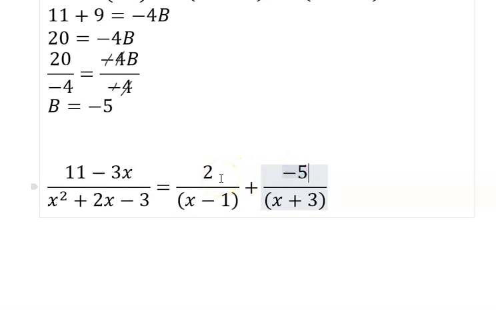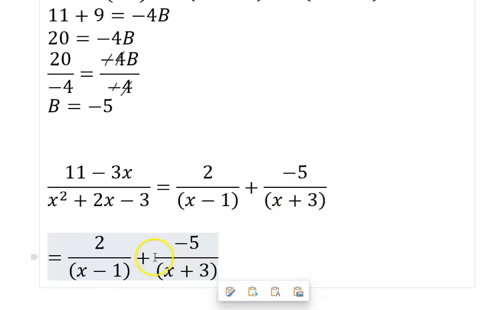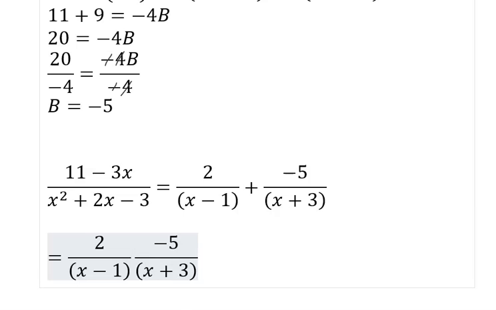So we've been able to resolve into partial fraction. But looking at this, minus 5 will definitely affect what we have, so we may not leave it this way. So let's just rewrite what we have here. Minus, because this minus will definitely come down here. Awesome, very easy. So we've been able to resolve into partial fraction.